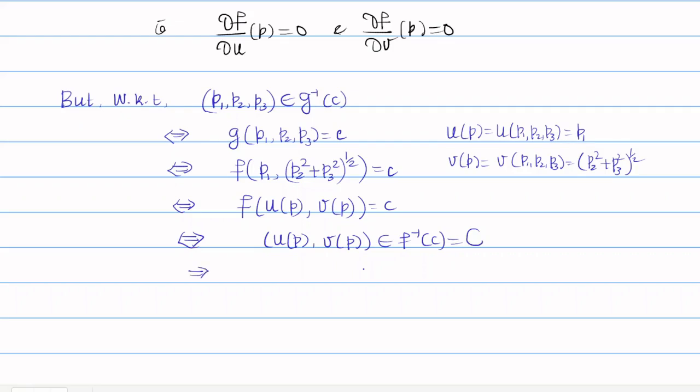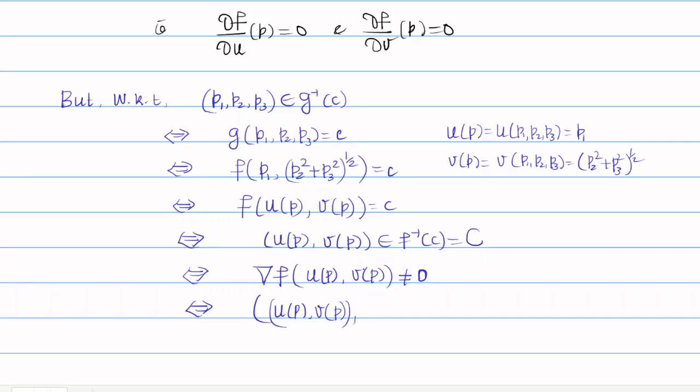So this implies that del f of u of p comma v of p is not equal to 0.